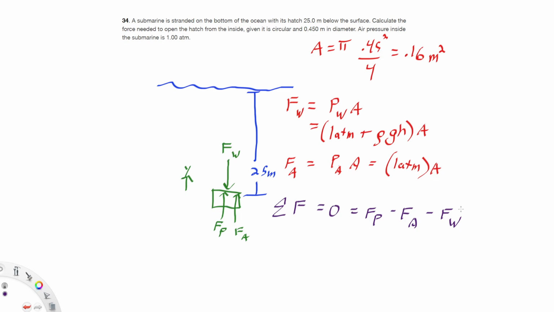Okay, so you may have noticed that I left atmospheres in the red scratch work up here. And I did that on purpose because FA, the force due to the air inside the sub, is going to be 1 atmosphere times area. But there's also a 1 atmosphere times area term in the force of the water pushing down on the sub. So those two bits are going to cancel.